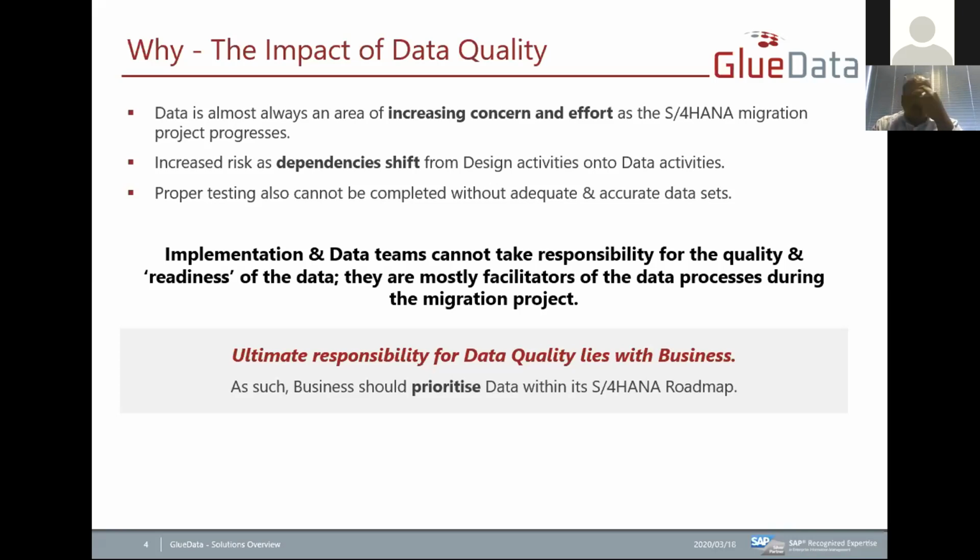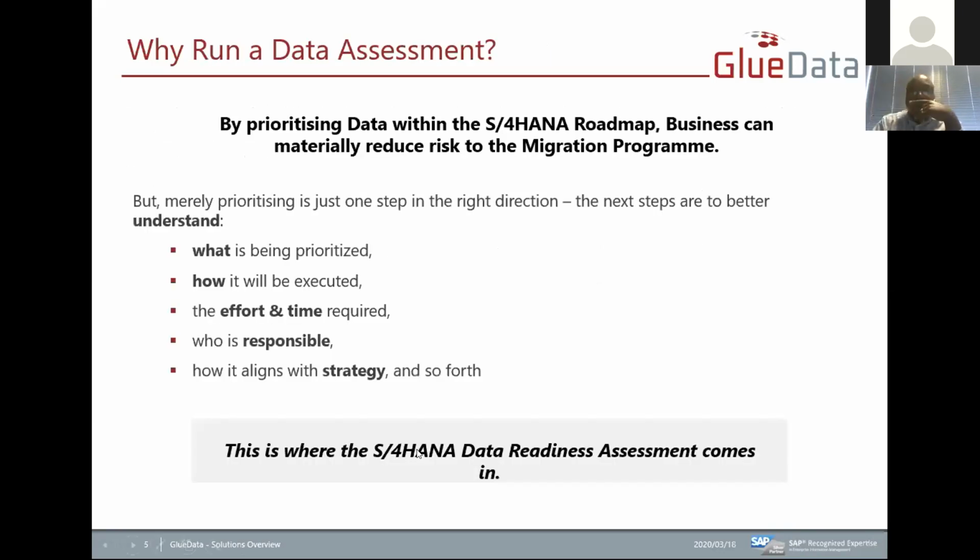Proper testing also cannot be completed without an adequate and accurate data set loaded to the relevant system or client. There are a number of other impacts and risks not highlighted here. You can go into a lot of detail, but I think those reasons make it quite clear that data does have a big impact on the migration project.